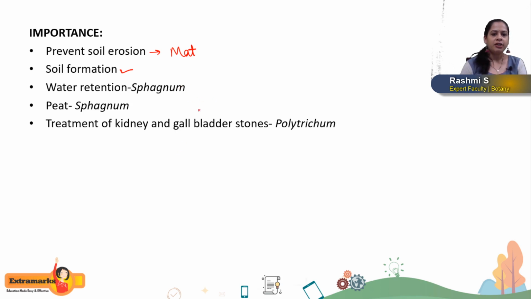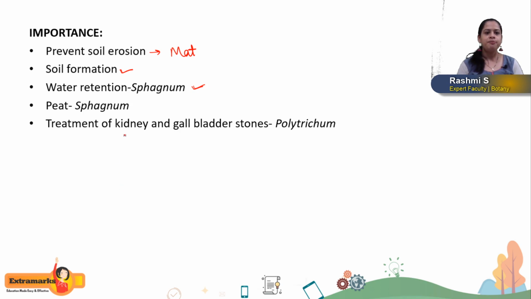Then a bryophyte called sphagnum has maximum water retention capacity, it can retain 18 to 26 times more water. Therefore, it is used in packaging of flowers, and it can be used as a substitute for cotton. Hence, it is also called cotton moss.